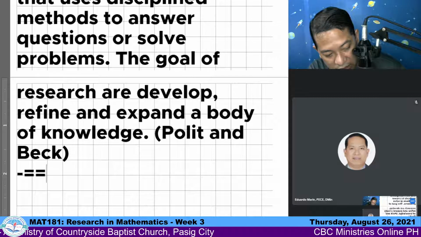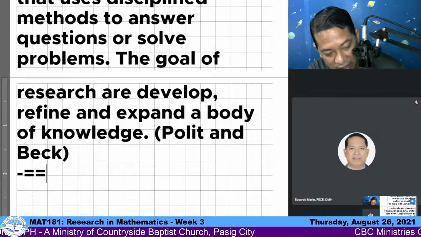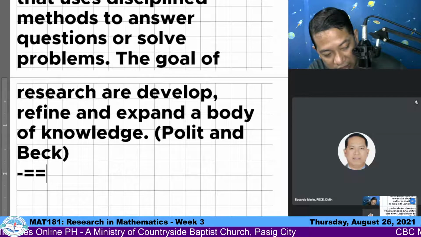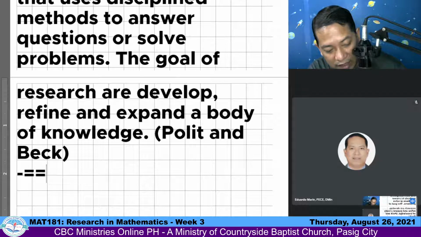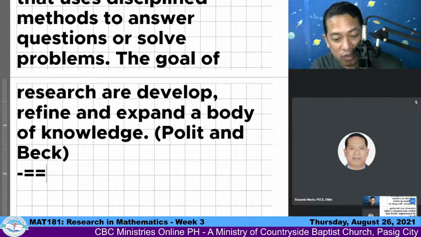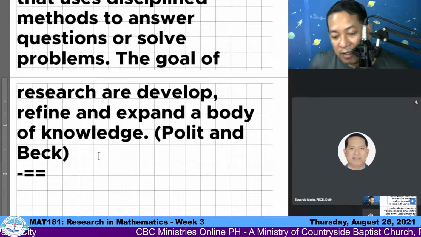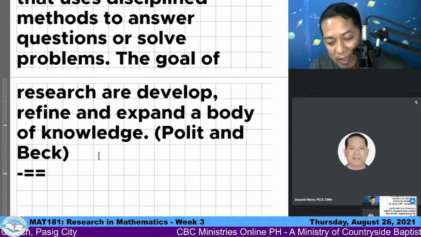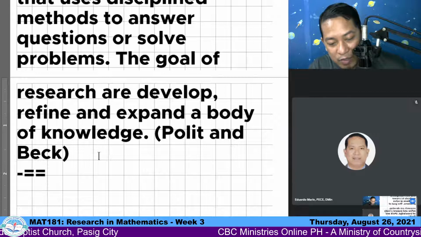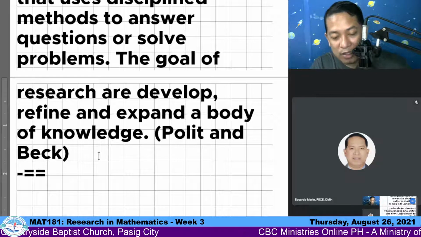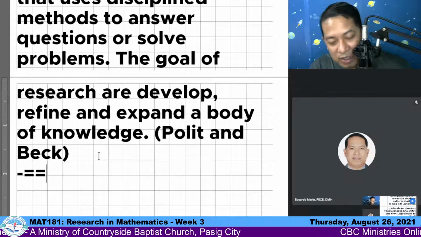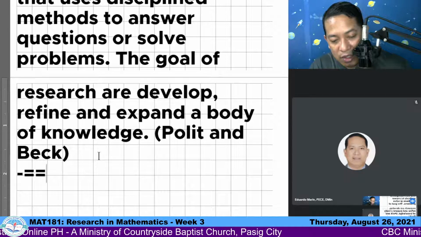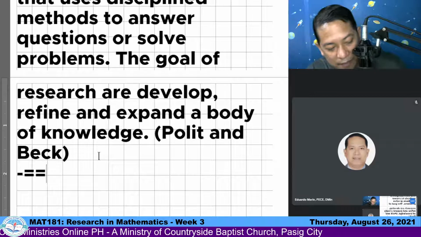Research is to search or examine again and again and carefully. Research is diligent, systematic inquiry or investigation to validate, refine existing knowledge and generate new knowledge. So as we refine, develop, expand a body of knowledge, we are developing new bodies of knowledge or perhaps new sub-disciplines out of the discipline, based on research methods, scientific methods.